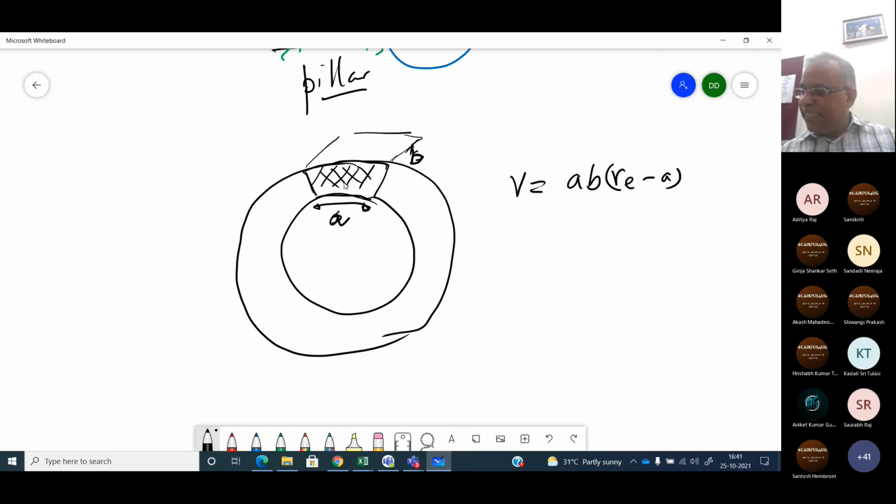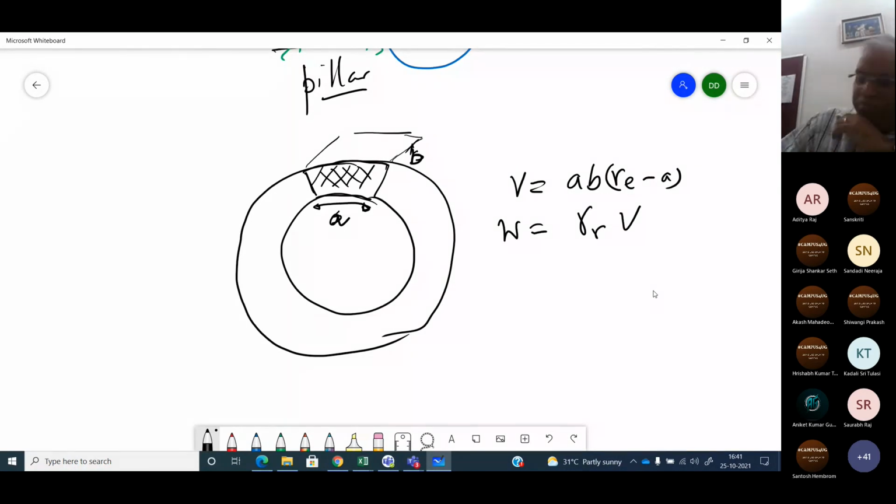Now, if this has a density or unit weight of gamma R, let's say, then the weight of this block is gamma R into V. This is the weight of this block, and this weight is ready to fall. Now you see, to protect against this fall, we have already applied some Pi.